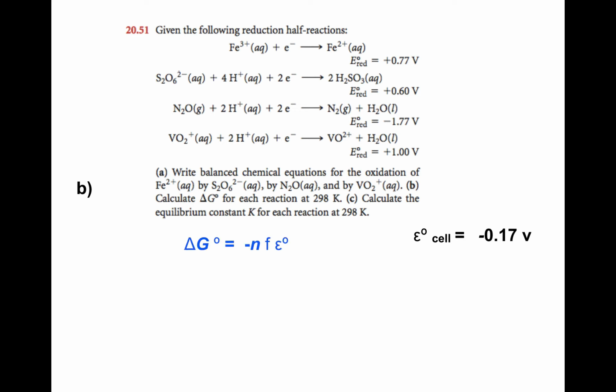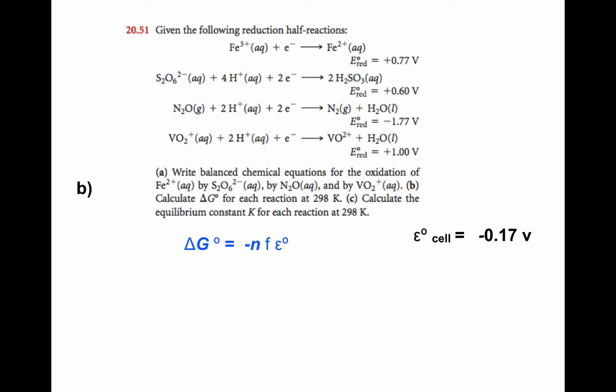If I'm doing B, oh no, I'm sorry. B, they wanted us to calculate the delta G naught value. So the negative value for the voltage implies a non-spontaneous process, which implies a positive delta G value.